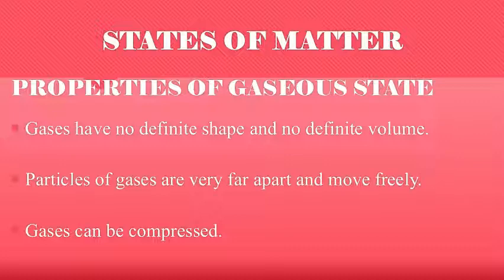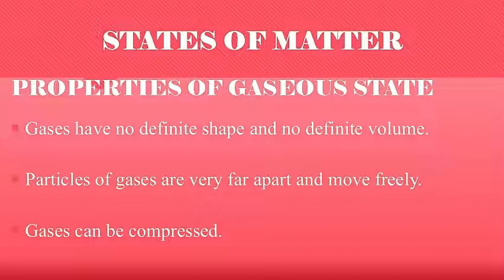Now if you transfer that air to another balloon, you will see that balloon taking up a different shape, and the volume of the balloon can also change. And if you just let go of the gas, it just moves about and mixes with the air, and it attains a different volume. So it does not have a fixed volume also.